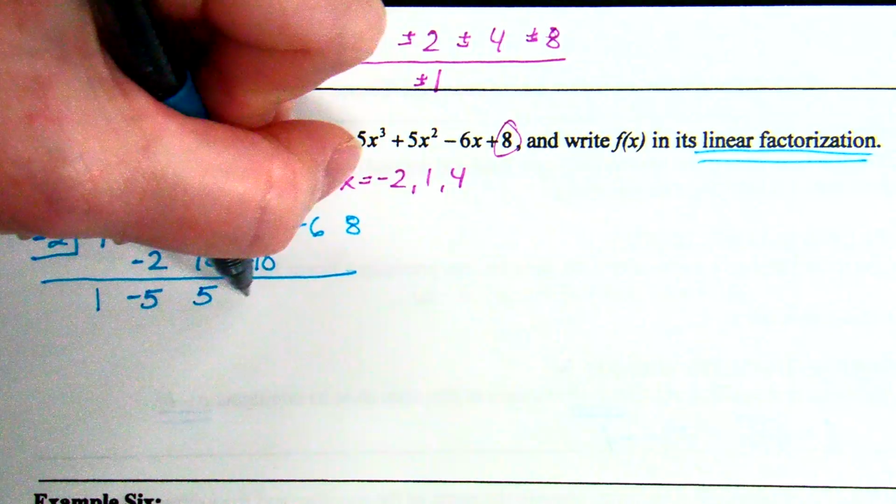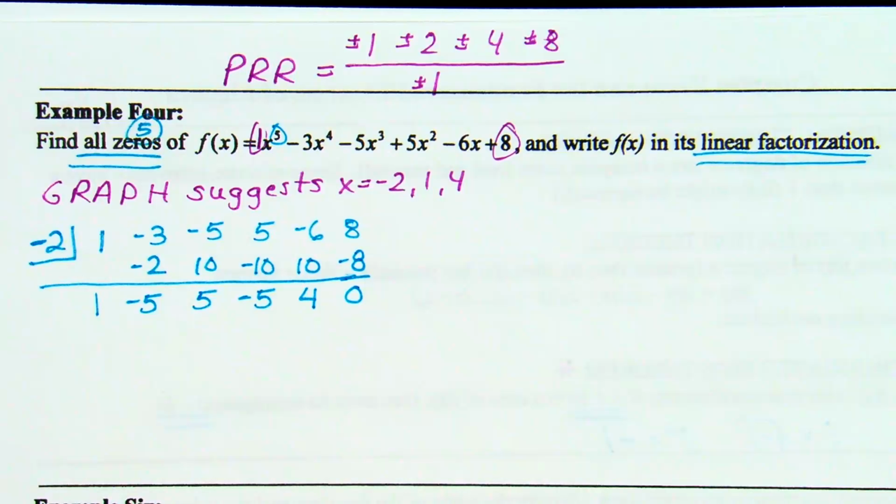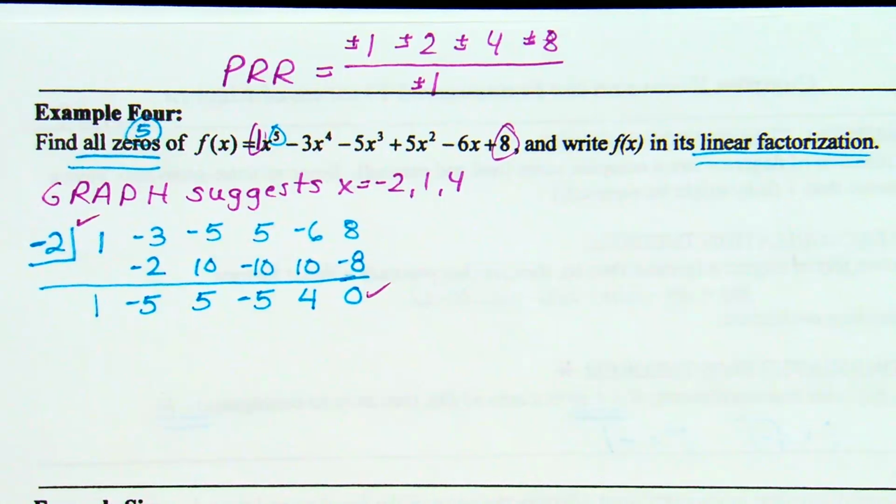Add, -5. Multiply, 10. Add, 4. Multiply, and add. 0. Is that good news? Yeah, that's good news. We had a remainder of 0, which means -2 works. We kind of expected that. Now what?